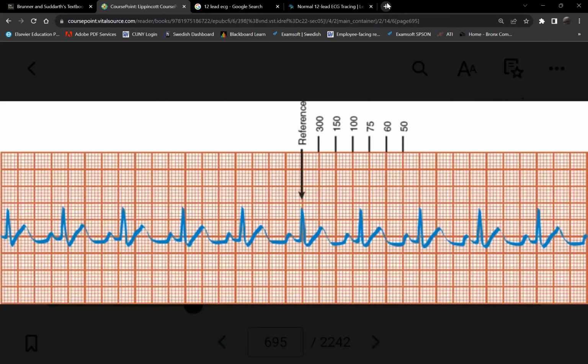you can look at your textbook on the determining heart rate section. It tells you to count small boxes or big boxes. So if one small box is 0.04 seconds, how many small boxes are there in 60 seconds? 60 divided by 0.04.